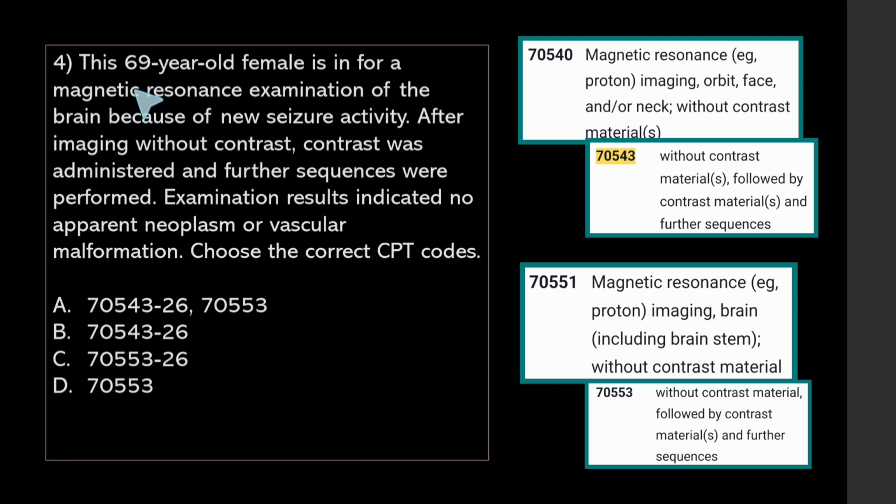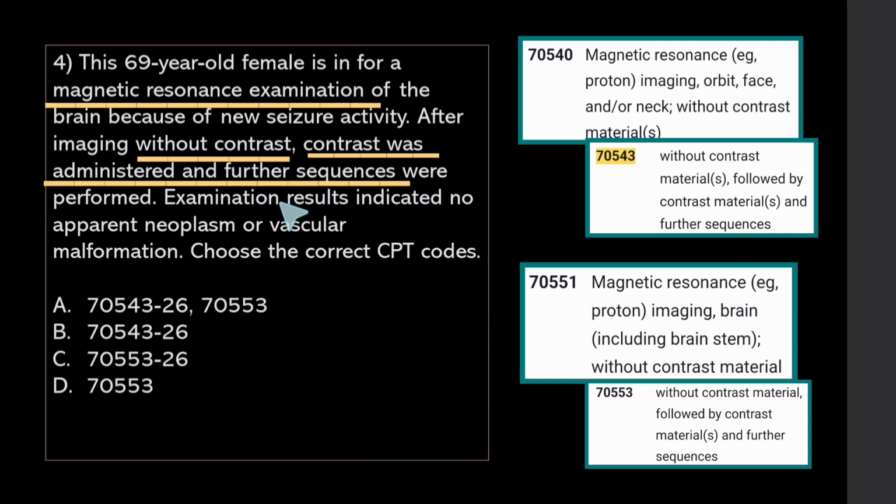Let us read the question. This 69-year-old female is in for a magnetic resonance examination of the brain because of new seizure activity. After imaging without contrast, contrast was administered and further sequences were performed. Therefore, it mentions without contrast followed by contrast. And they have mentioned magnetic resonance examination of the brain.